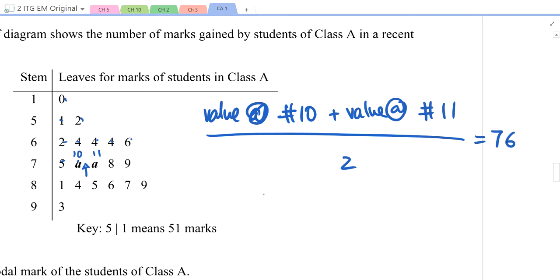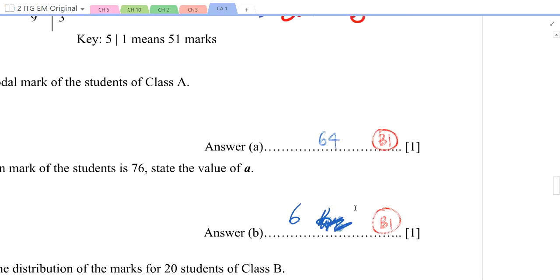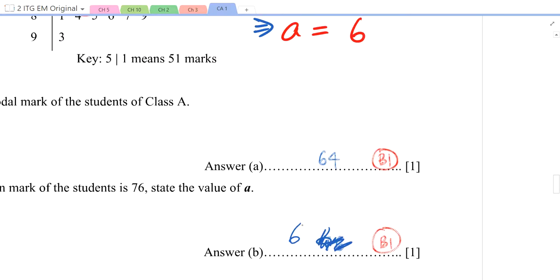So this must mean that the average of these two values, 70A and 70A again, must be 76. So A must be equal to 6. Okay? Value of A, 6.